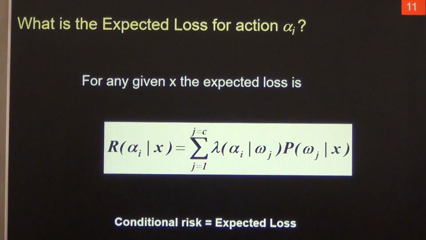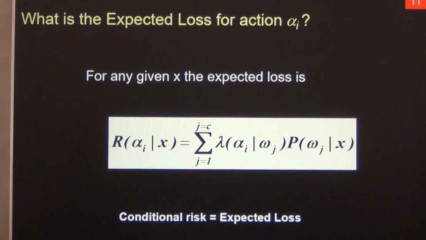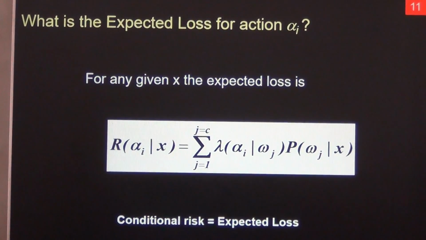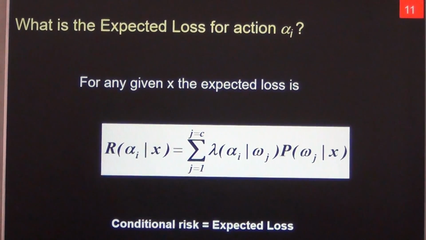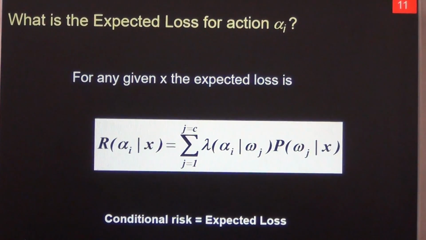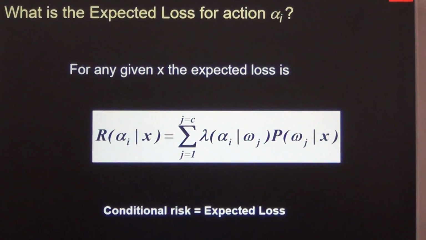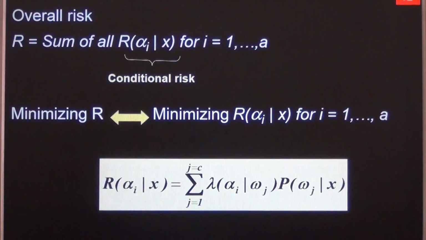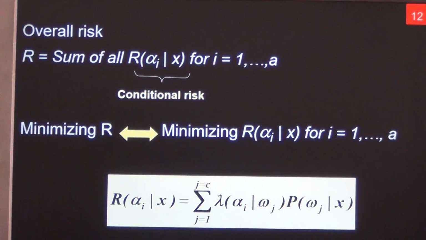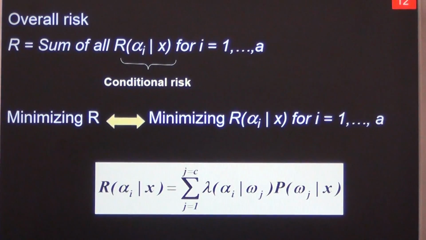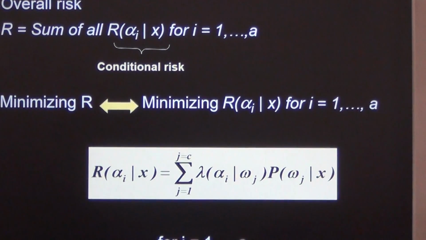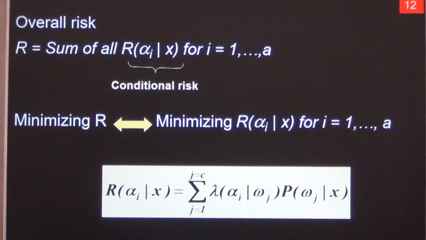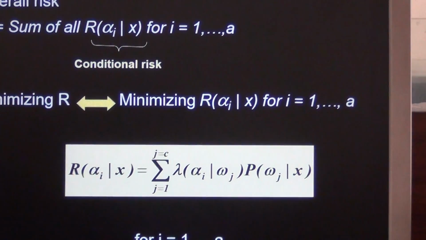What is the expected loss of action alpha j for any given x? The formula is already explained. Conditional risk: here we consider conditional risk equal to expected loss. Overall risk is the sum of all risk. So all conditional risks may be summed, and this is called the overall risk.